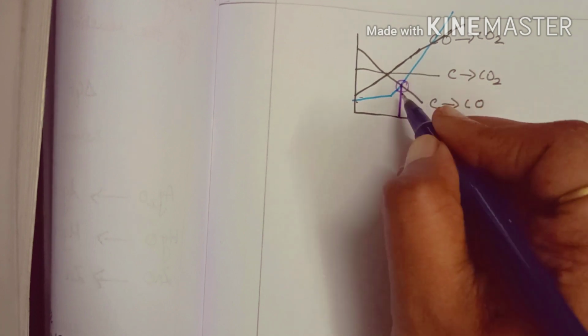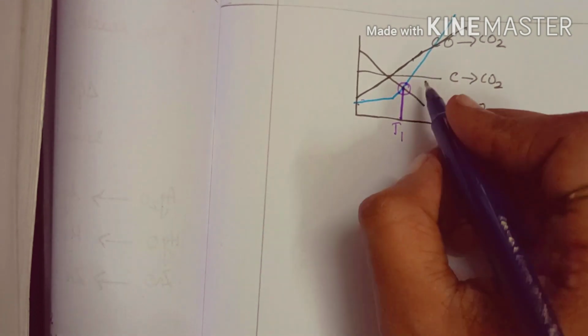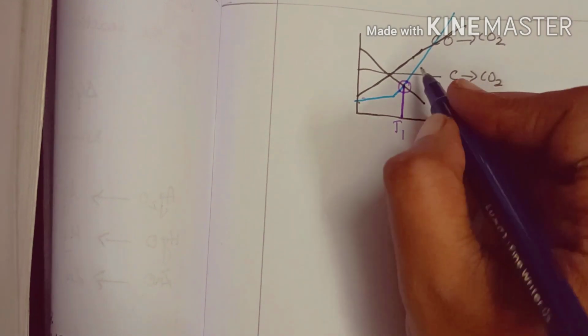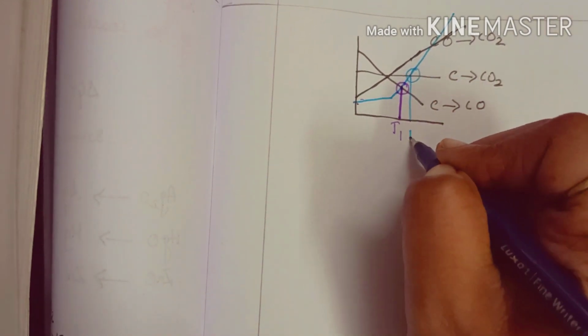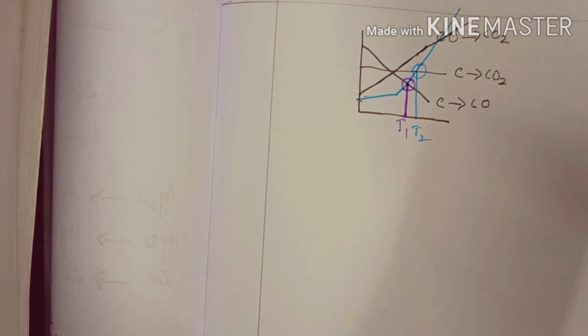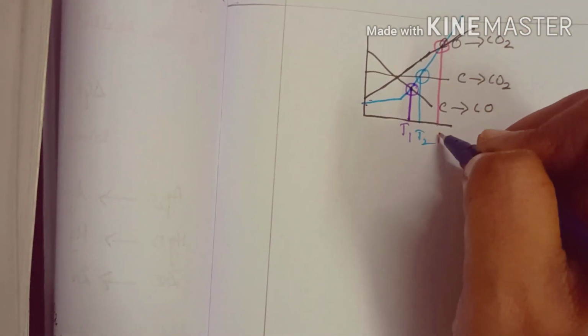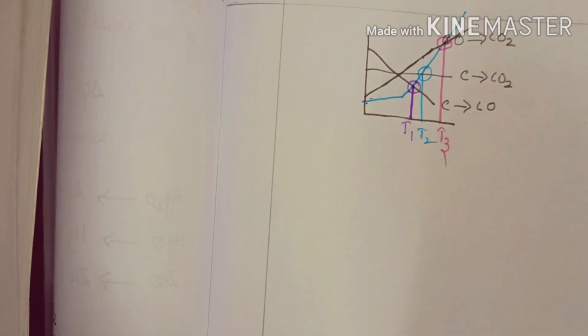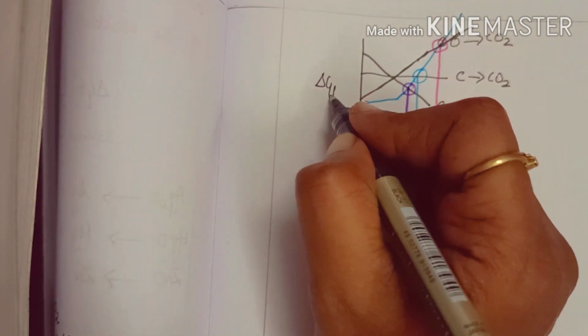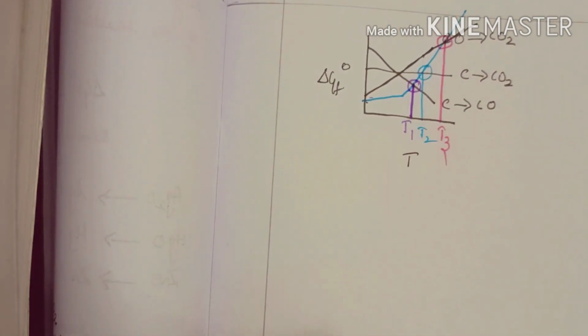The first point is this one, hence this temperature is T1. The second point is this one, hence the temperature will be T2. And the third point is this one, and hence the temperature will be T3. And this is a plot of delta G f0 versus T.